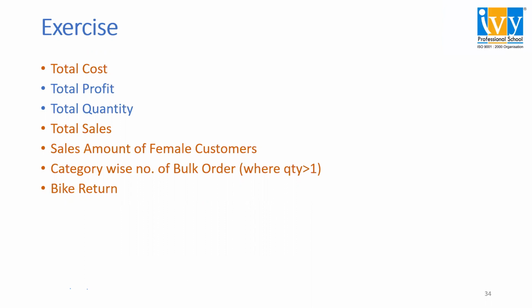For example, product cost into quantity. Total cost will be the product cost into quantity, right? We have to make total cost in the sales table, yes. It's a measure though. Yes, it's a measure.